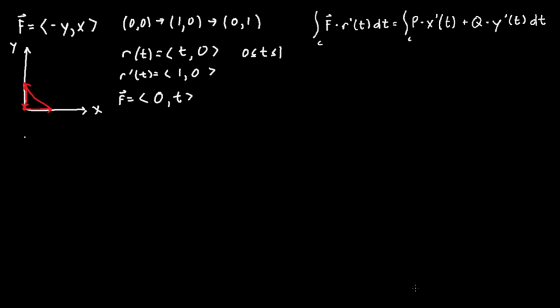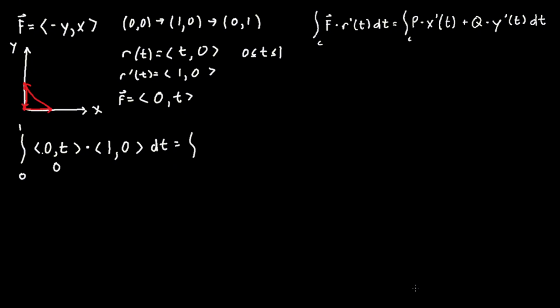Once we dot this, we have to dot product your vector field with the derivative of your parameterization. Let's write down the vector field: 0, t, dotted with your derivative, which is 1, 0, dt. Your bounds are 0 and 1, because that's your bounds for t.